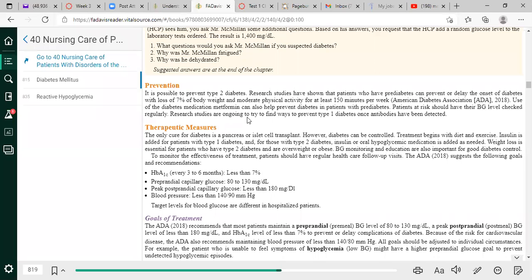Insulin or oral hypoglycemic medications is added as needed. Weight loss is essential for patients who have type 2 diabetes and are overweight or obese. Blood glucose monitoring and education are also important for good diabetes control.